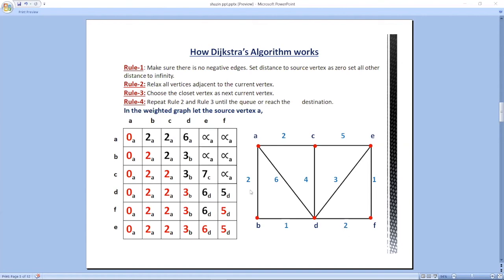So 2 plus 1 will be 3, and 3 plus 2 will be 5 units from D.